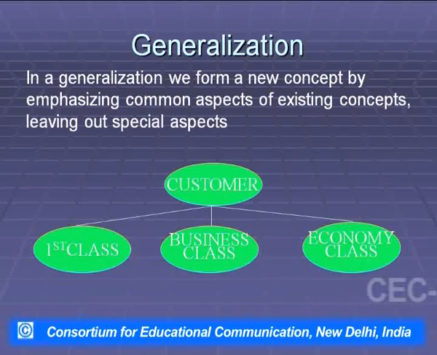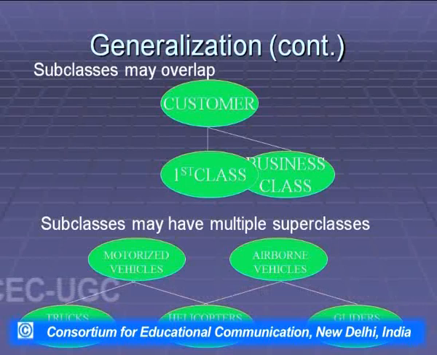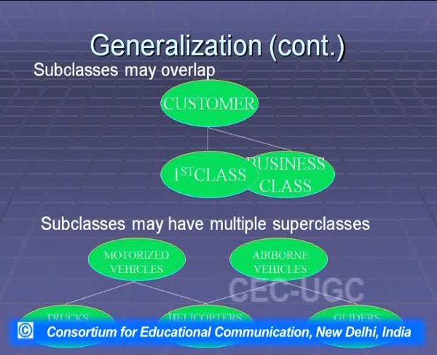You can see that the customer may be of first class, business class, or economy class. In the same generalization, subclasses may overlap also. We have a customer, and different classes are going to be there. It could be first class and business class. Overlapping is possible in that case.